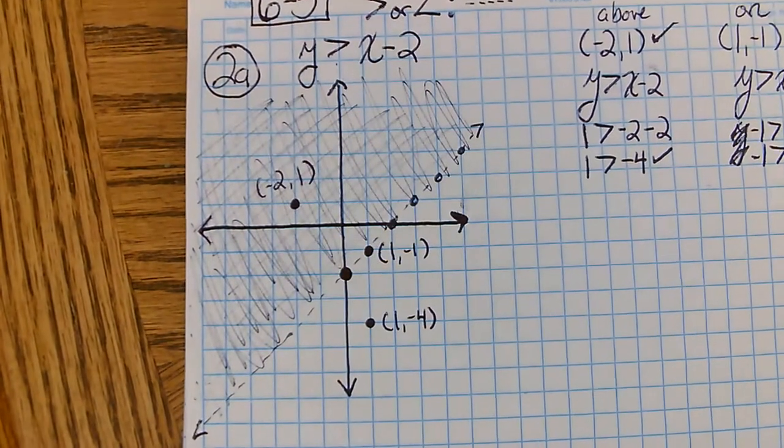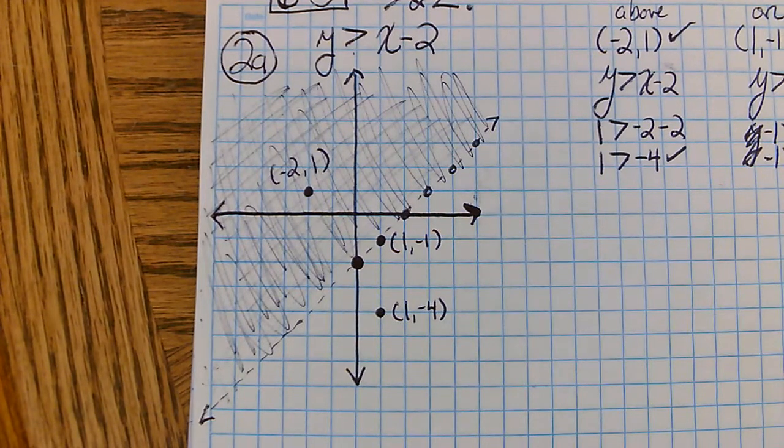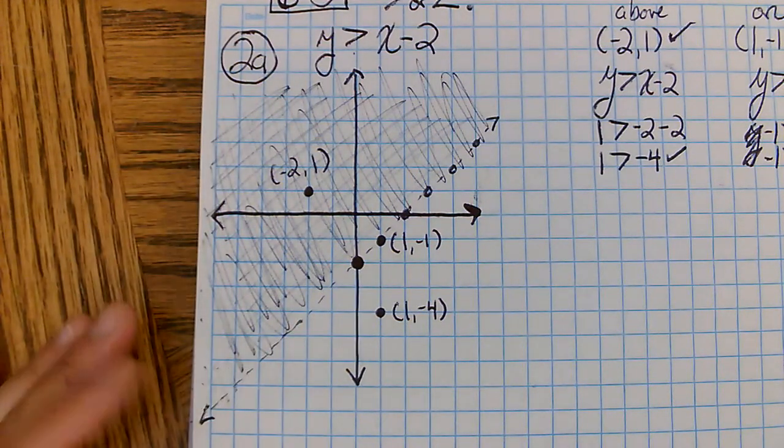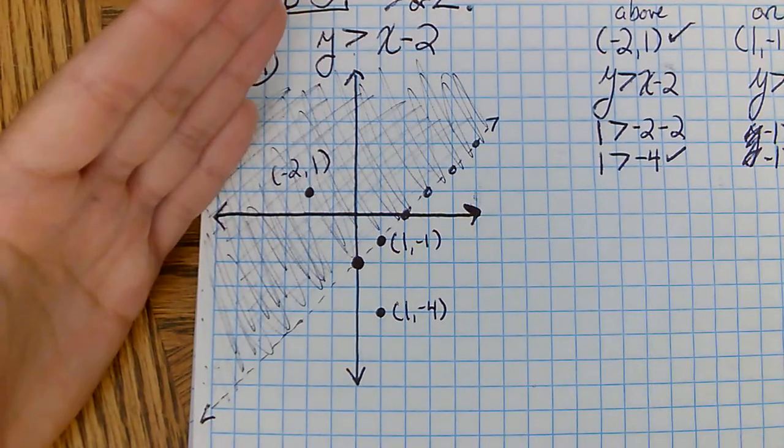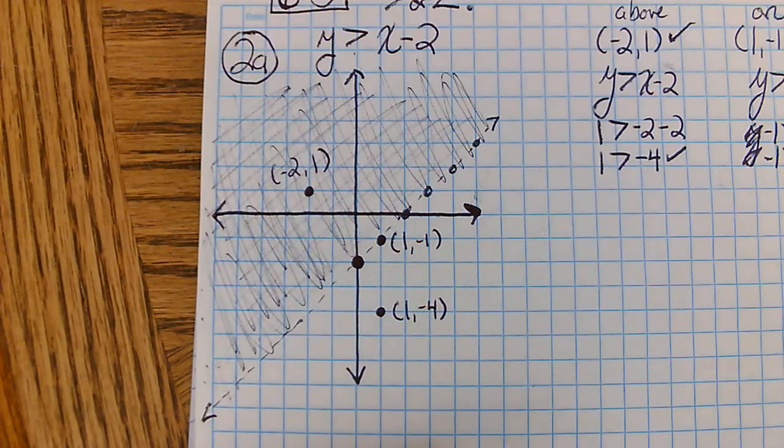So that's why with inequalities, you're going to have many, many more solutions than with a linear equation. With a linear equation, it's just what is along the line. With a linear inequality, it depends on if it's greater than or less than, because if it's greater than, you shade above the line. If it is less than, you shade below the line.